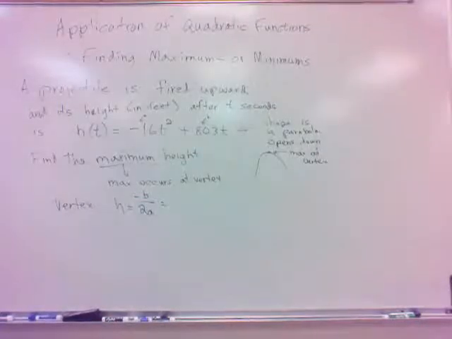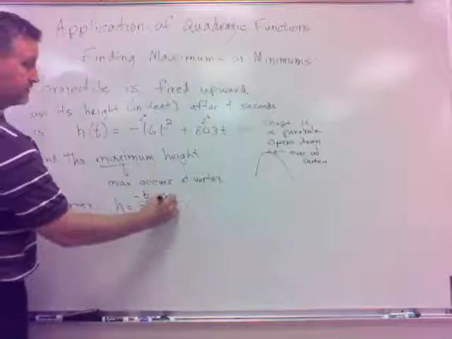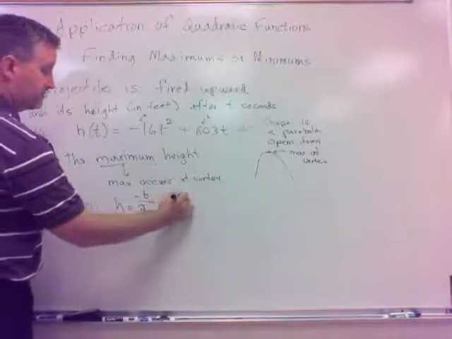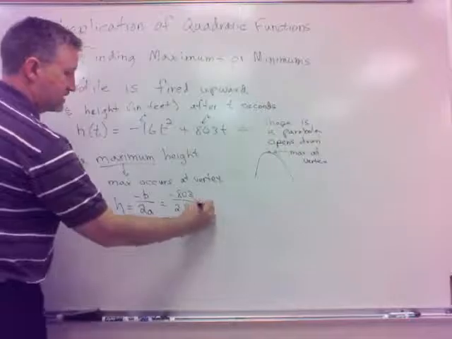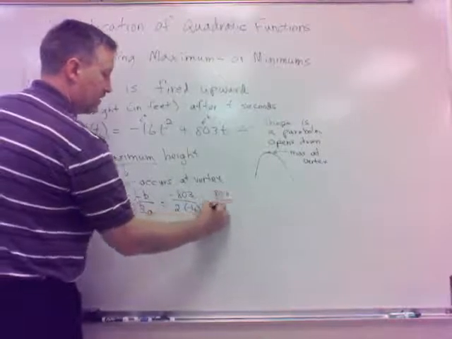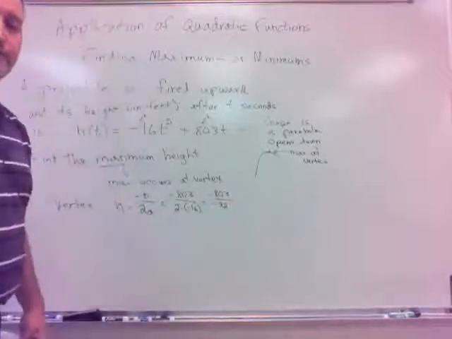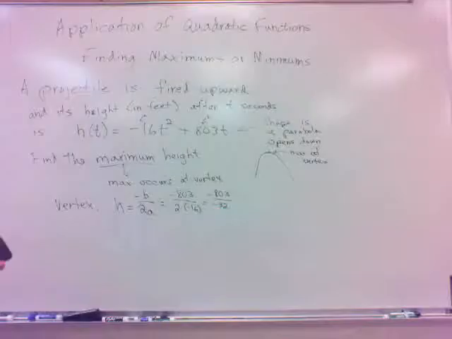So a is negative 16, b is 803. So h would be negative 803 over 2 times negative 16. That is negative 803 divided by negative 32, which doesn't go evenly, but we can divide that.